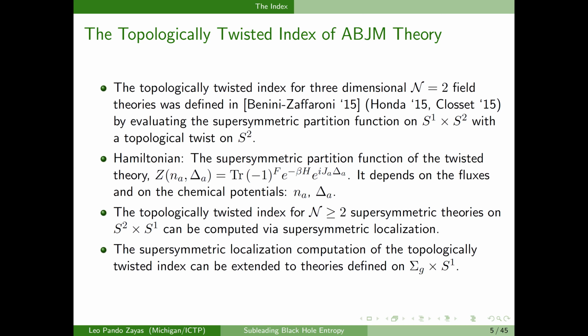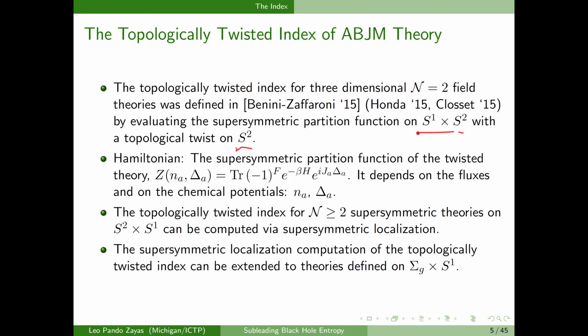Essentially, you can compute it by evaluating a supersymmetric partition function for these theories on S1 cross S2 with a topological twist on S2. That's essentially your crash course on what the topologically twisted index is.